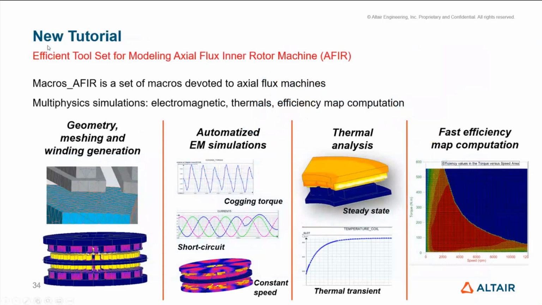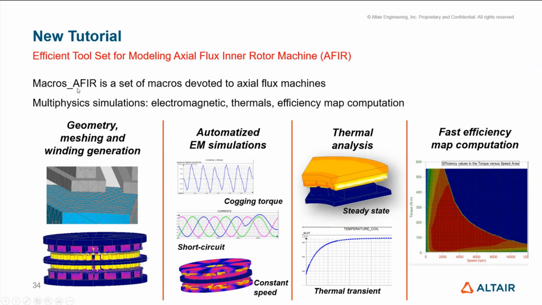And for the new tutorial in Flux 2022, we have prepared a new tutorial about axial flux rotor machines analysis, multi-physical analysis, in consideration of EM and thermal analysis, this one. This is a good step-by-step tutorial for the user to use this set of macros named macro Altair.